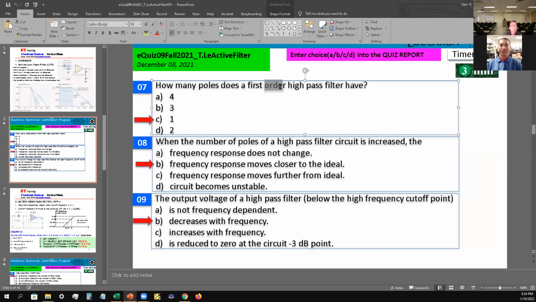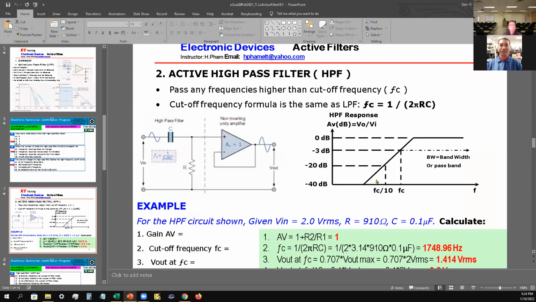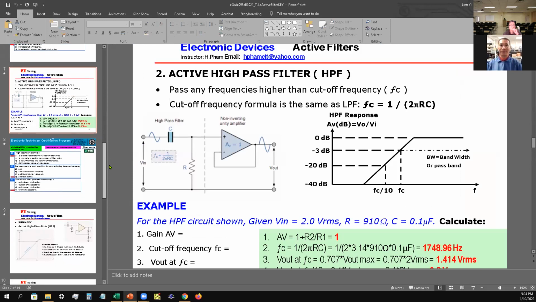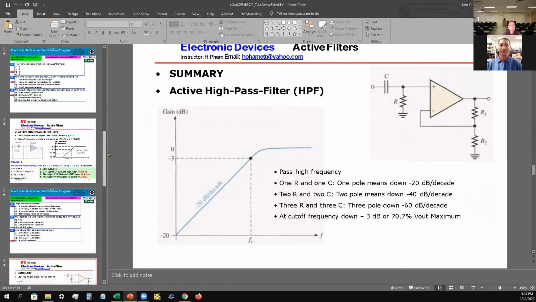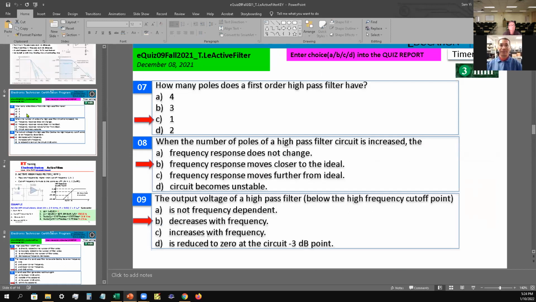So for the high pass filter it would be here. Same thing, just like I said with the low pass filter, we're increasing. Same right here, 1 pole. Let me go back to 7. So the answer is C as in cat for number 7.